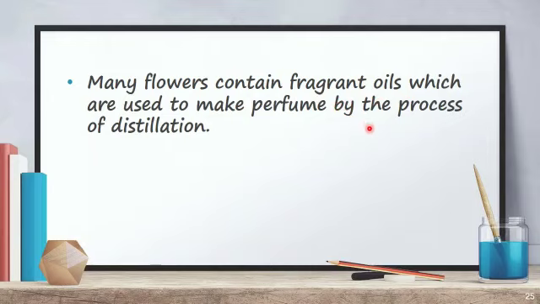This oil is obtained by heating the flowers and distilling the vapors which come off. In some countries where drinking water is in very short supply but there are plentiful quantities of oil or other fuels, drinking water is produced by distilling seawater.